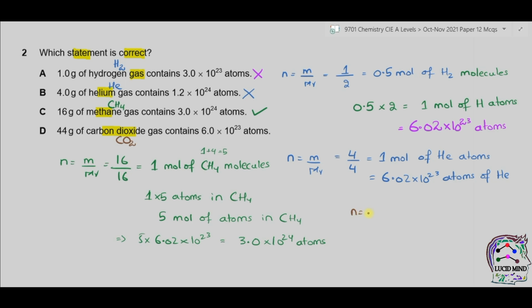Converting mass into moles. Molecular mass of CO2 is 12 plus 32 equals 44. 44 grams divided by 44 molecular mass equals 1 mole of CO2 molecules.